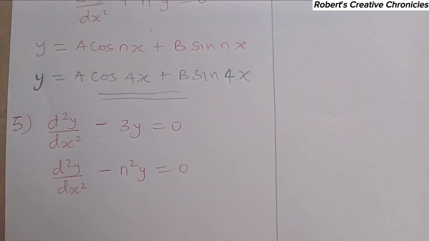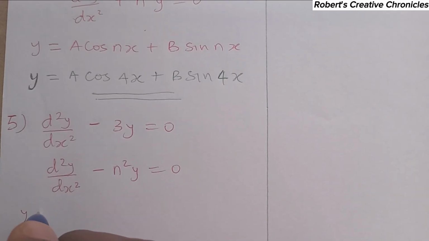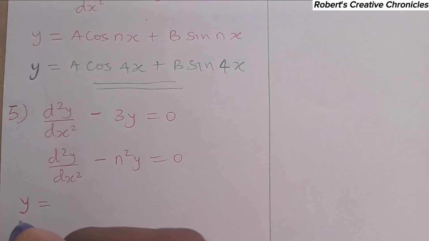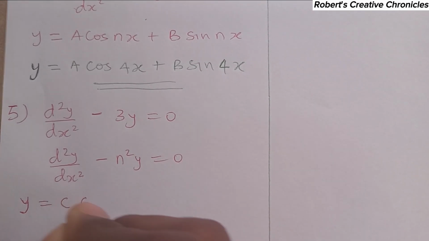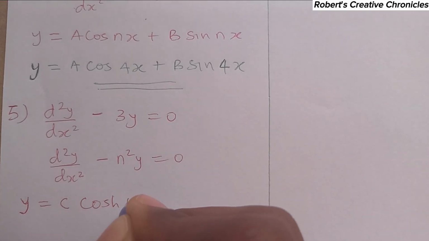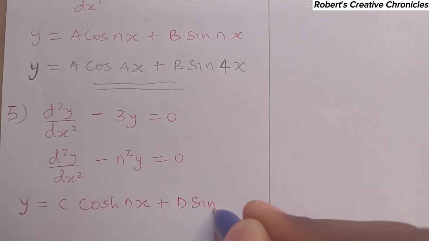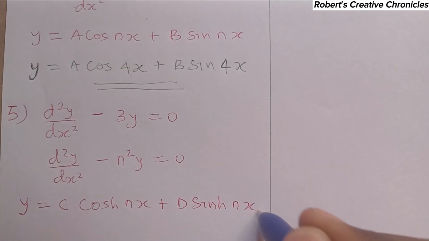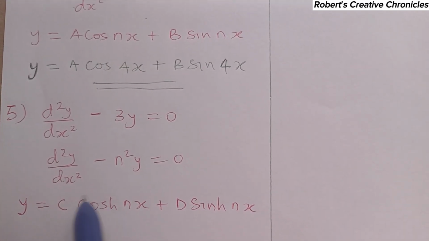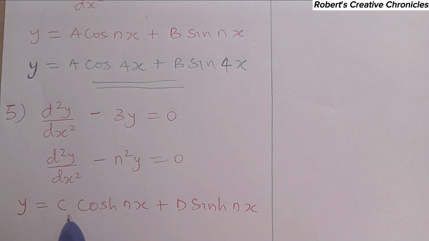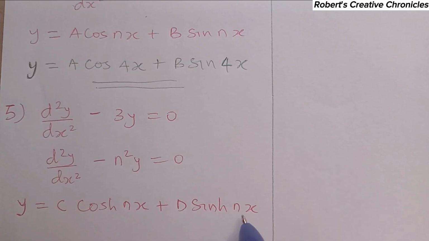So therefore, the general solution will be y is equal to c cosh nx plus d sinh nx. Instead of cos, this is now cosh, and this is sinh: hyperbolic cosine and hyperbolic sine.